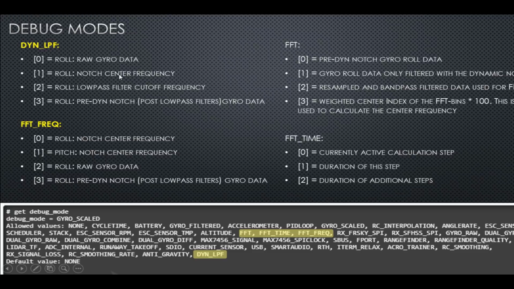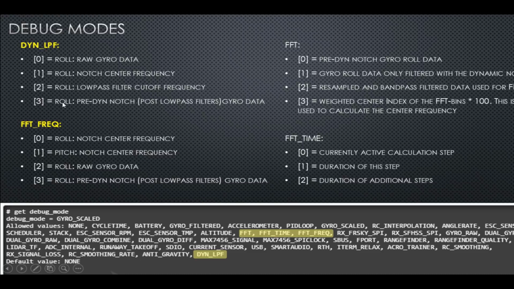What is the FFT center throughout the flight? If you set your debug mode to dynamic_LPF, you can see the raw gyro data on the roll axis. On the roll axis, you can see the notch center frequency. On the roll axis, you'll be able to see the low pass frequency cutoff. So that's throttle based. That is not following an FFT.